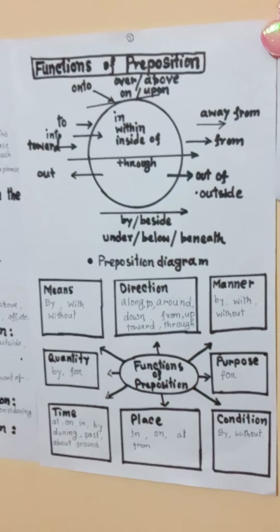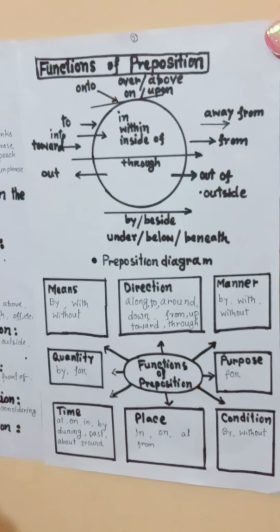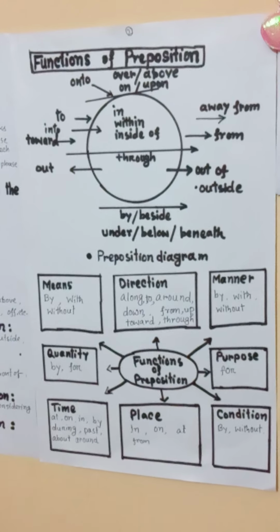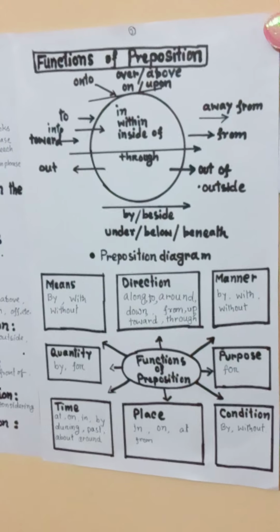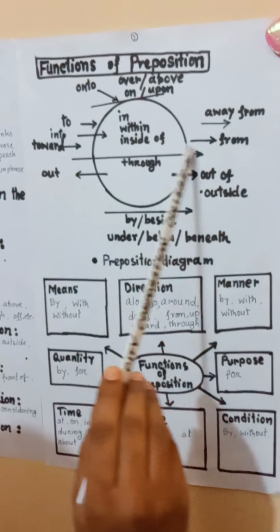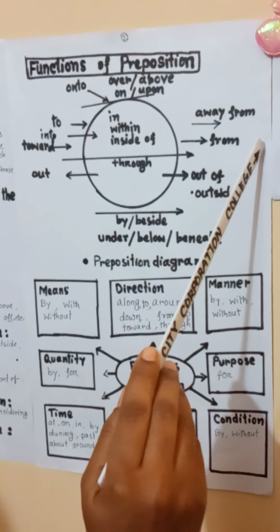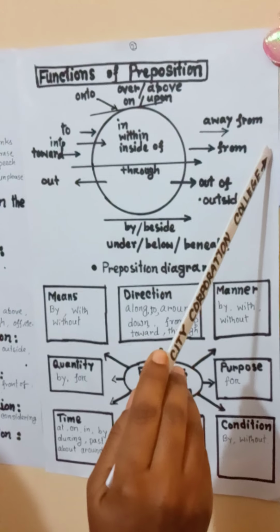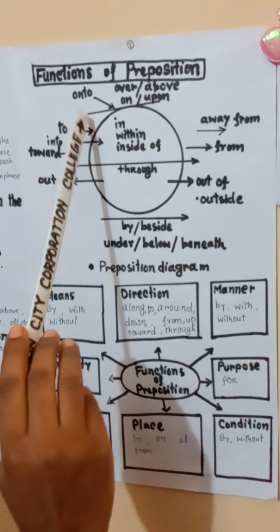For example, the two friends were walking through the jungle. You are very much common with this sentence. Two friends were walking through a large dense forest. Then look at this.